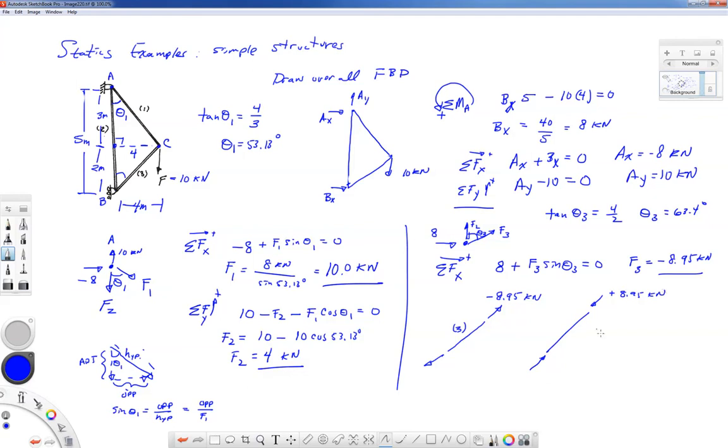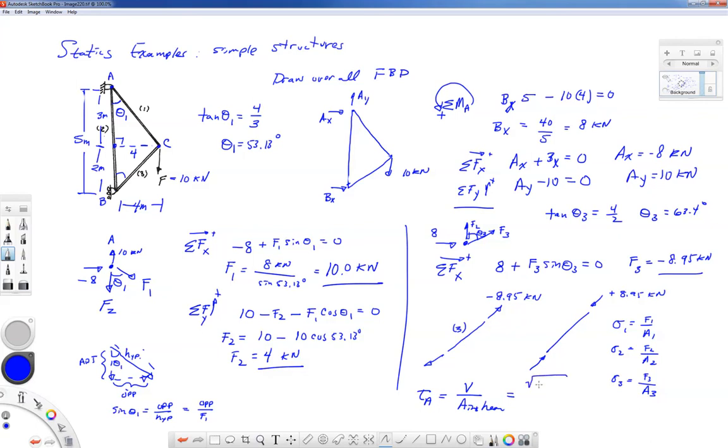All right, now what else can you do with this problem? If I wanted the stresses, I would take those forces and divide by the respective cross-sectional areas. If I wanted the shearing stress at pin A, I would take the shear force at A divided by the area in shear.